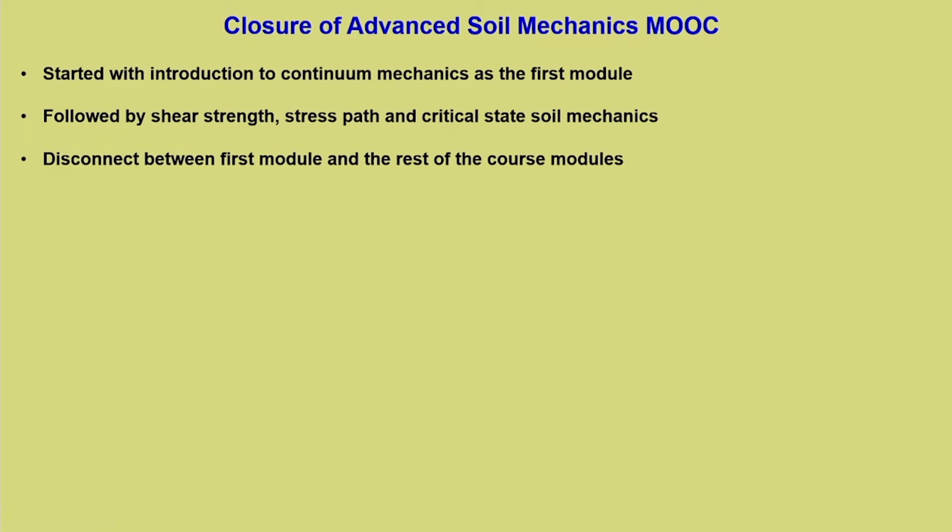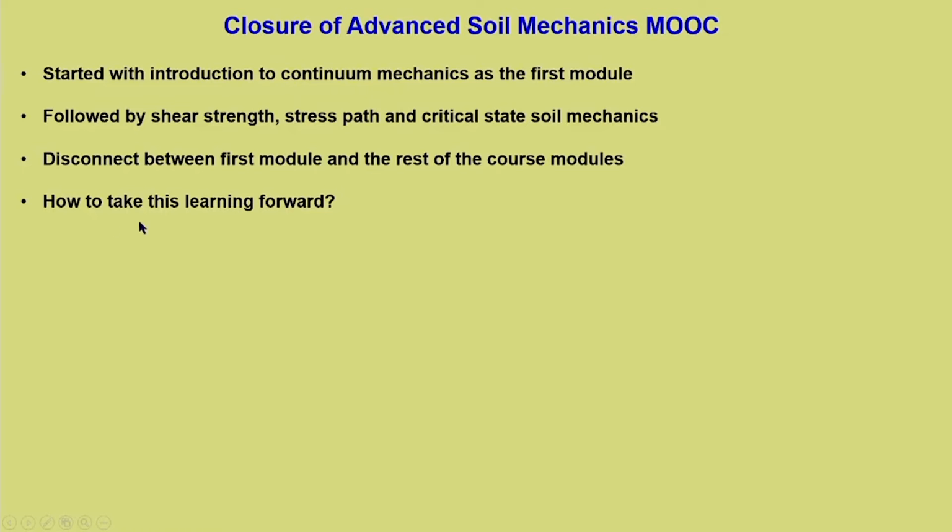Why I would like to add this point here is, while teaching this to students, one comment which I used to receive is that the first module is stand-alone and there is a disconnect between that and the rest of the course. In fact, they are correct, I fully agree to it.